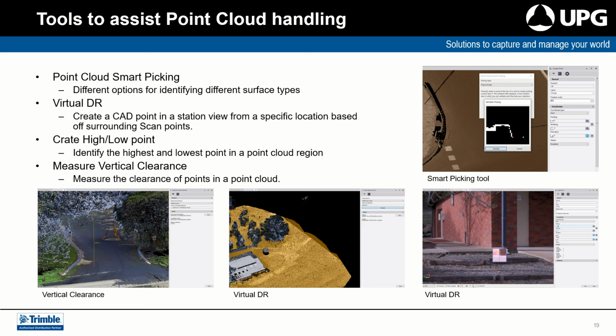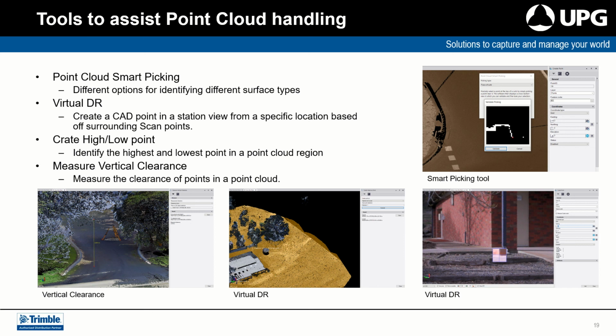It can sometimes be hard to identify a specific point when you're out of the scan data from a 3D or a 2D or another particular view. This just creates a little cross section that you can say, well, I want the bottom of the curb or the top of the curb. If you pick that point in that little validate picking option, that will be the coordinate that's used, and to ensure that you have selected the point that you're actually looking for.